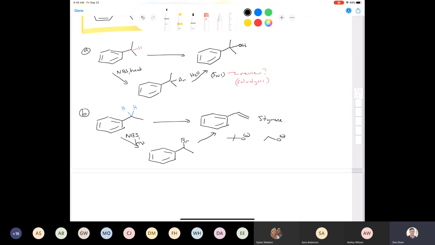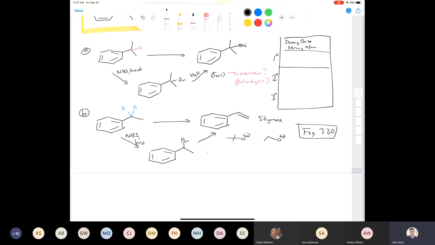Well, if you go back to figure 7.20, way back in chapter 7, it says when you have a strong base or a strong nucleophile, and your substrate is primary, secondary, or tertiary, what's going to happen?